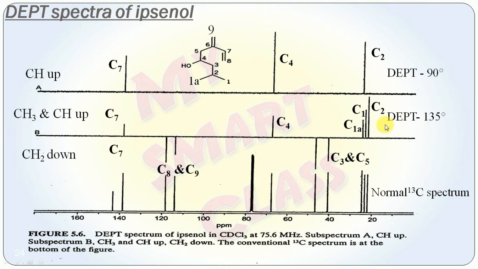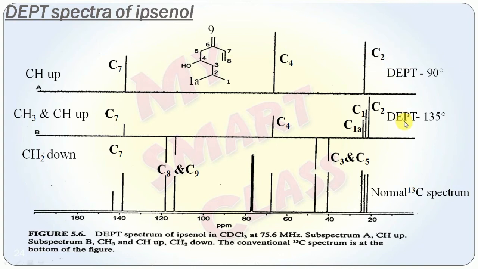Now we compare with all the signals of DEPT 135, like 3, 4, 5, 6, 7, 8 and 9. After subtracting from the normal 13C NMR, the difference shows the number of quaternary carbons.